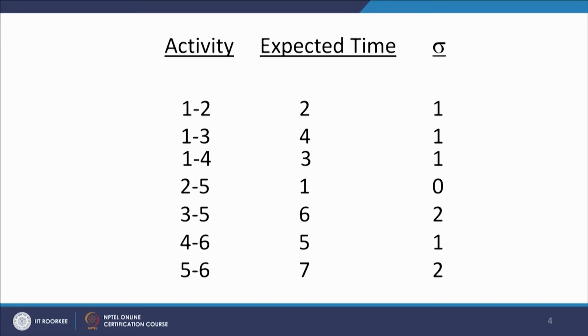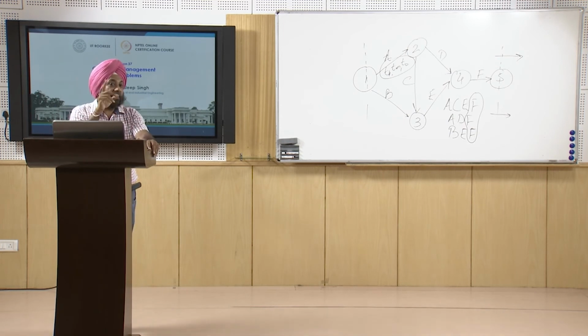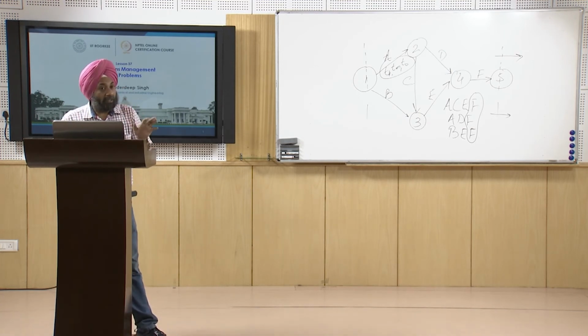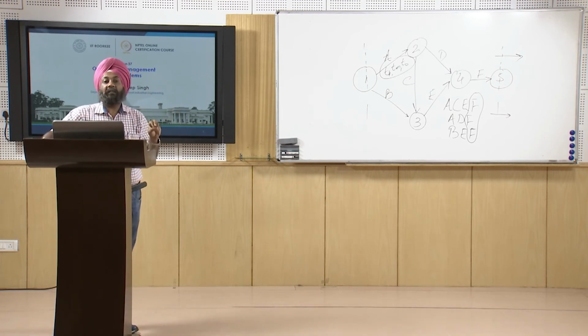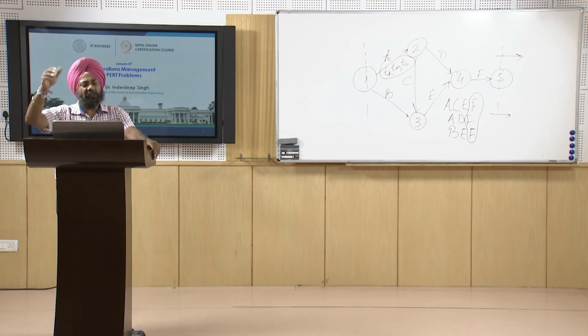And why is the standard deviation being calculated? Because, if you remember from the previous session, in order to calculate the Z statistic we require the standard deviation, the expected time of project completion, and the time against which we want the project to be compared, for example the probability that the project will be completed within 28 weeks or 30 weeks.